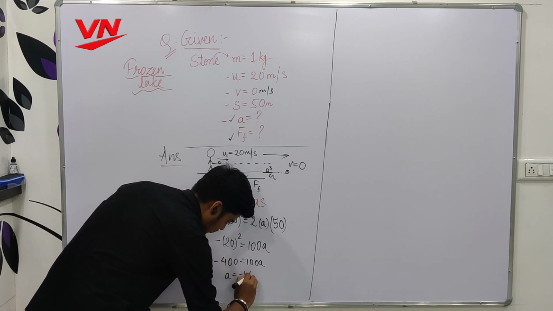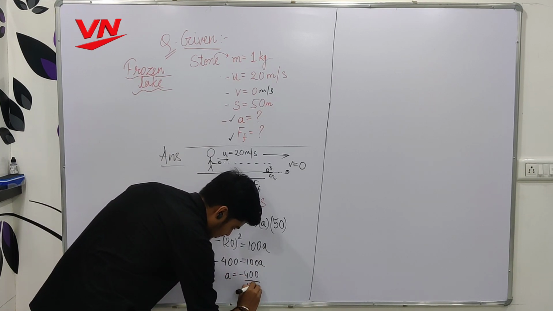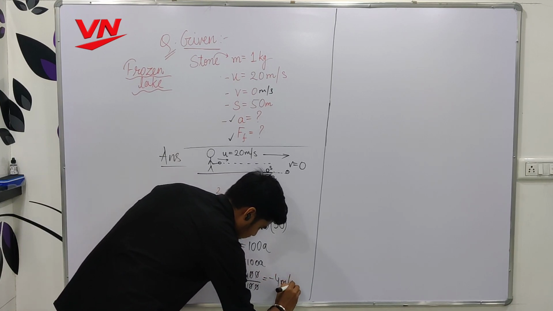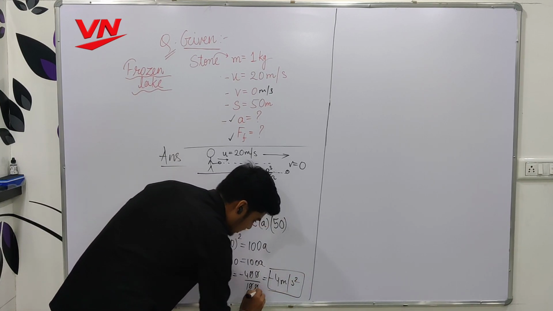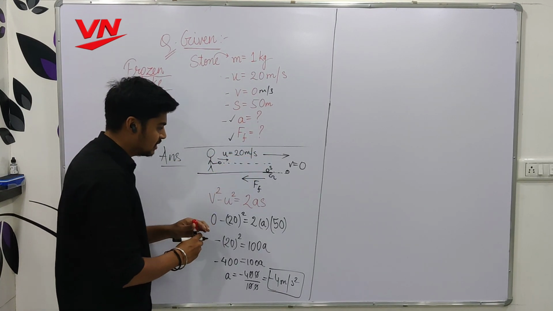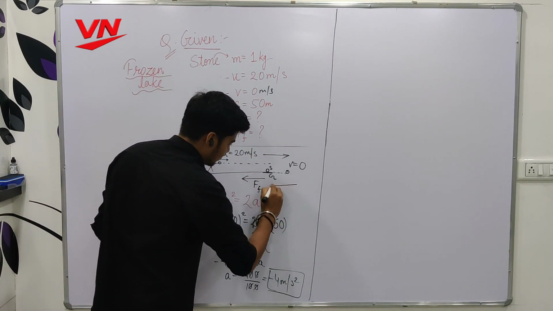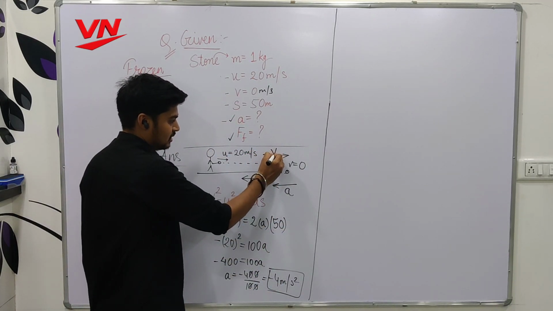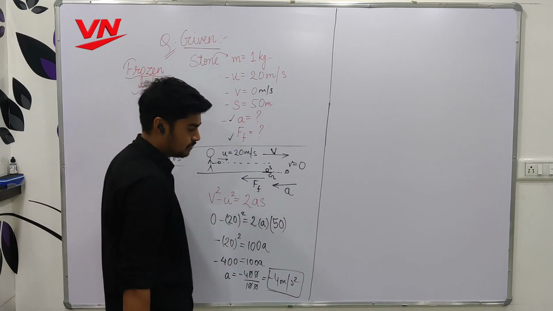Acceleration will be minus 400 by 100, the zeros cancel, you will get minus 4 meter per second squared. As you can see, the acceleration is negative. That will be the direction of velocity, and this will be the direction of acceleration, as it is opposite to the direction of velocity. That's why it is negative.